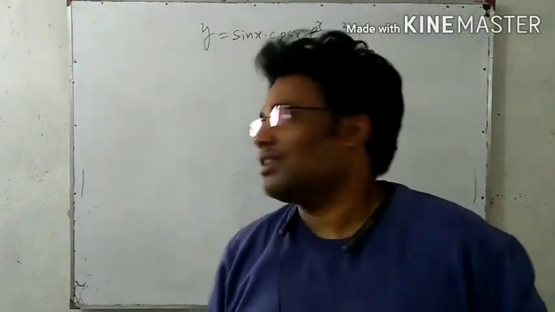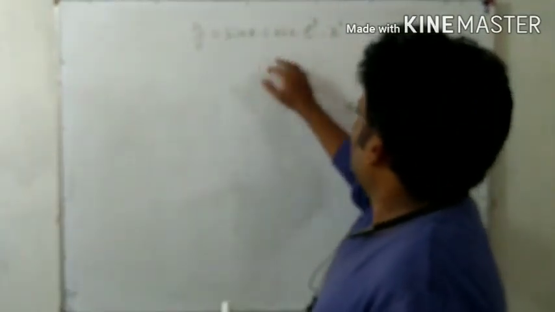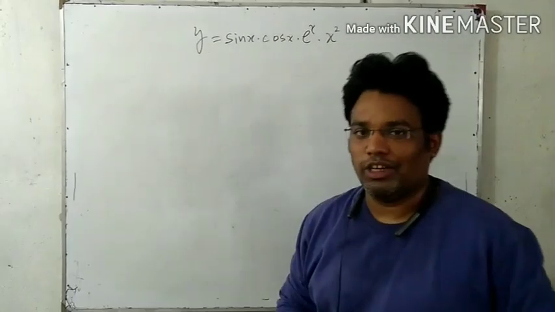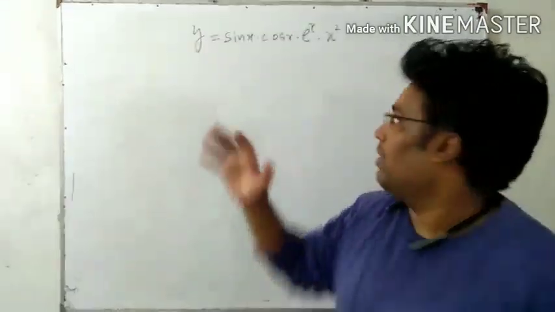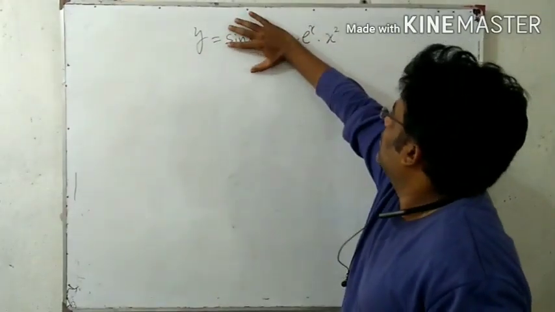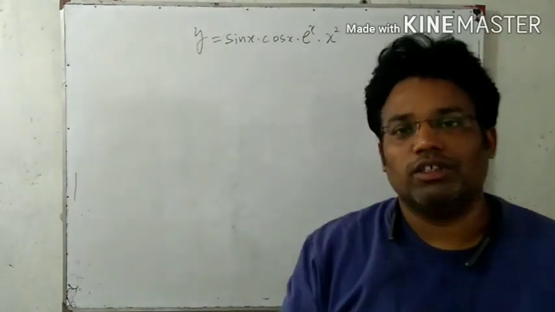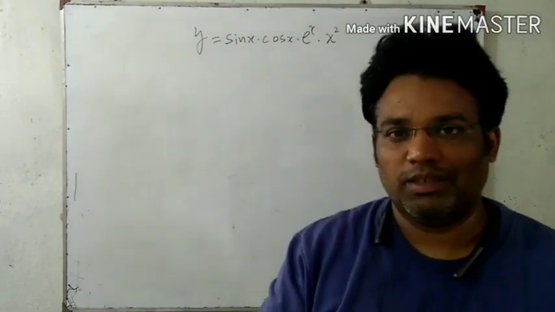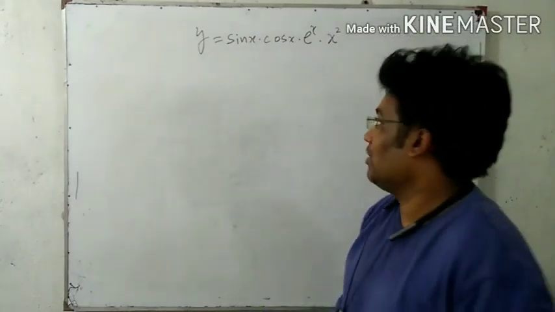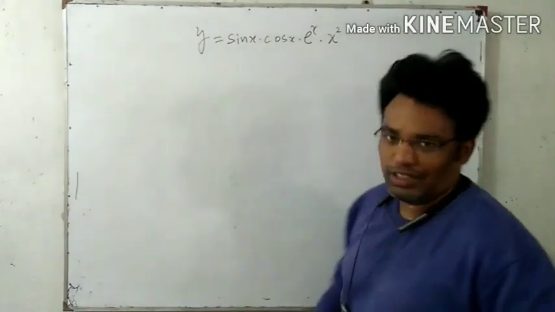Is it not like u v w x? You can use the product rule, but that's a humongous one. Suppose e power x into x square: how do you differentiate it? Product rule, u into v dash plus v into u dash. But in a product of 4 terms, is it not complex?